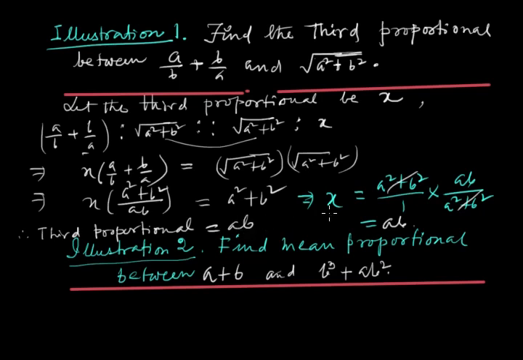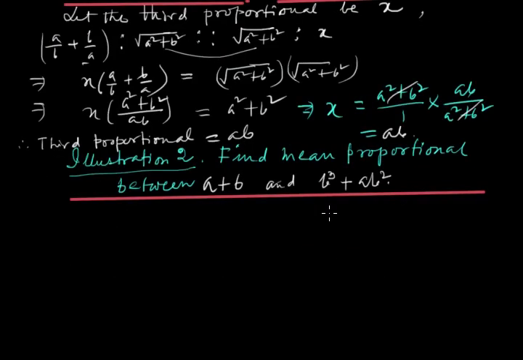Our next illustration is to find the mean proportion between a plus b and b cube plus ab square. So let x be the mean proportional.